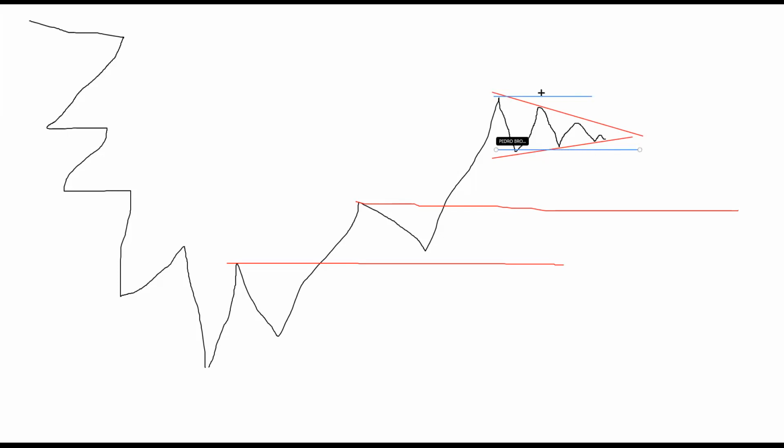Okay, with this, you have something like a channel. Then you can now calculate your TP, the highest point to the lowest point in this channel, and you carry it and you place it on the breakout. So if it breaks out from here, you place it here. If it breaks out from here, you place it here, right?